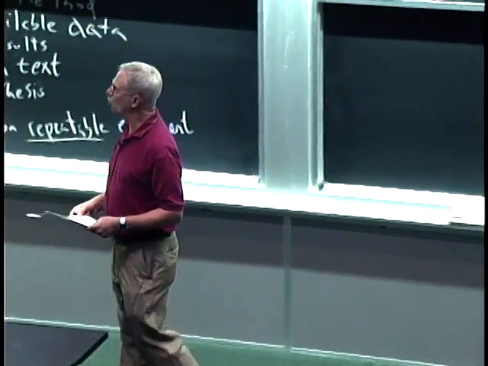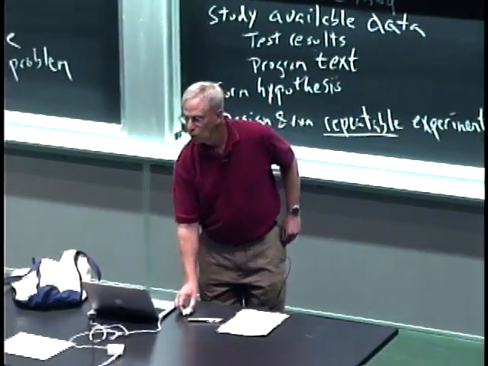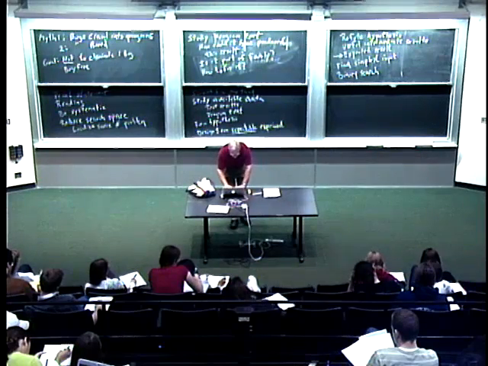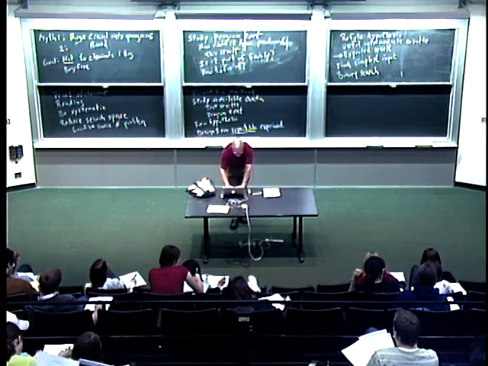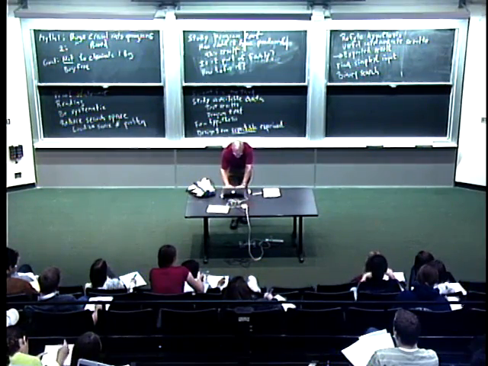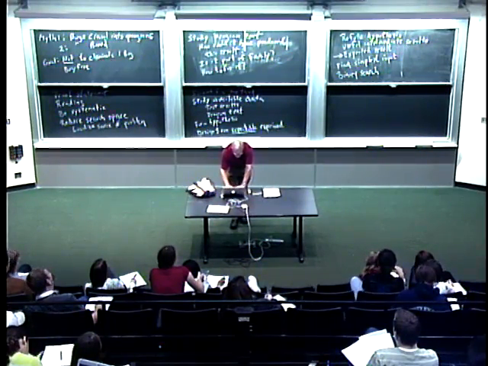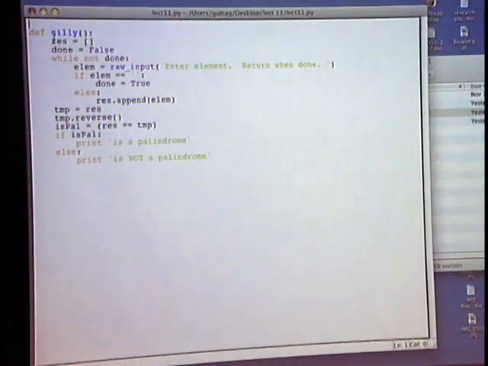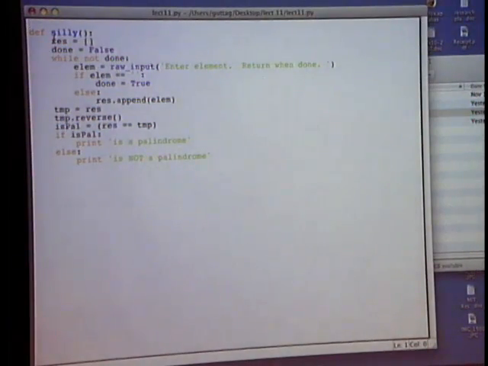So I now want to work through an example where we can see this happening. So this is the example on the handout. I've got a little program called Silly, and it's called Silly because it's really a rather ugly program.